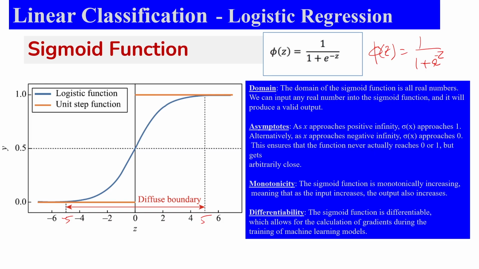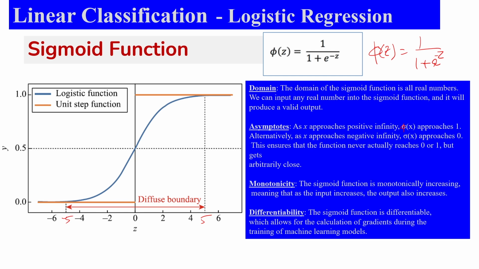The domain of the sigmoid function is all real numbers. We can input any real number z, and it will give you a value. It has asymptotes. As x approaches positive infinity, phi x approaches 1. Here it should be phi x; mistakenly I have written sigma x.